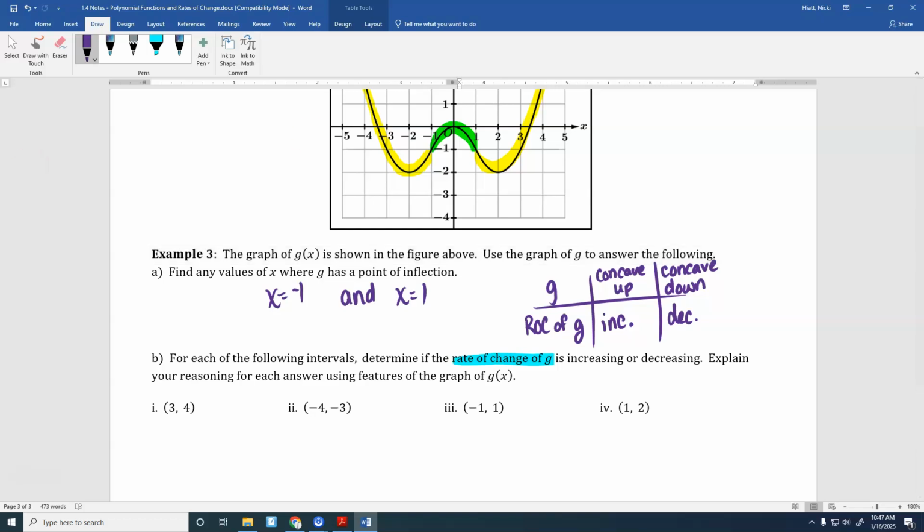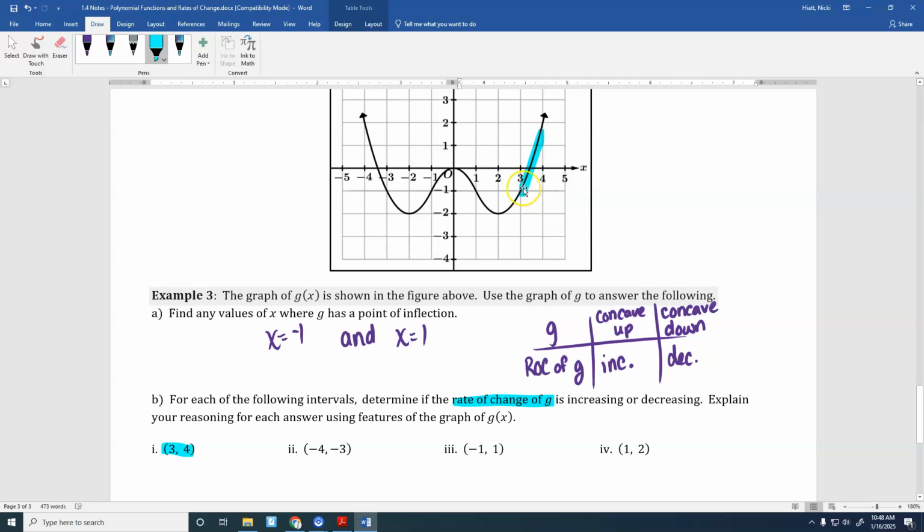So they have asked us about several different intervals here. I'm going to erase my highlight here so I can re-highlight. 3 to 4 would be from x equals 3 to x equals 4. And we want to know if the rate of change of g is increasing or decreasing. What would we say about this, increasing or decreasing rate of change?